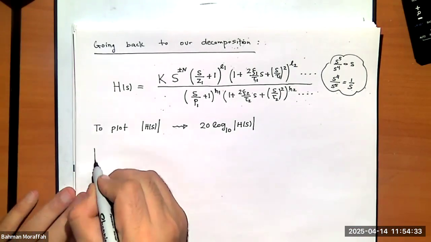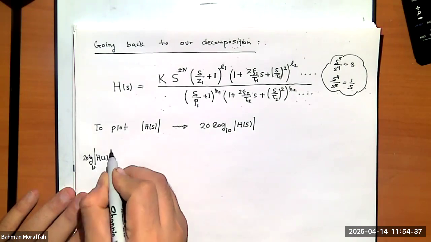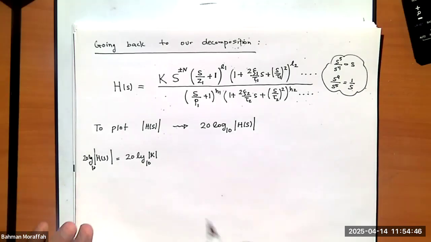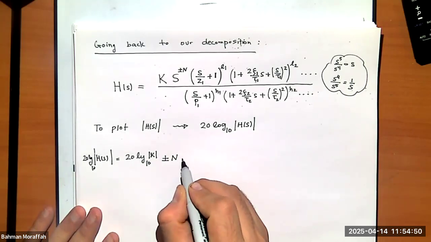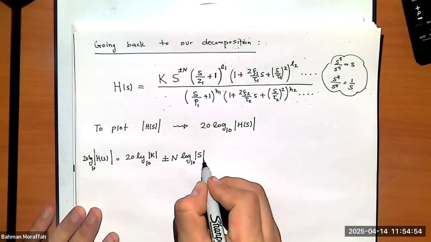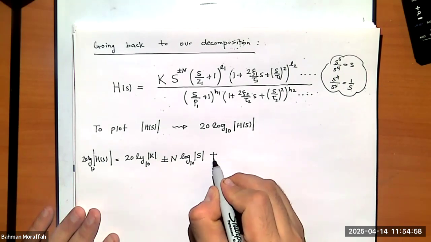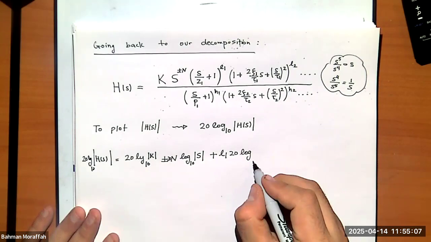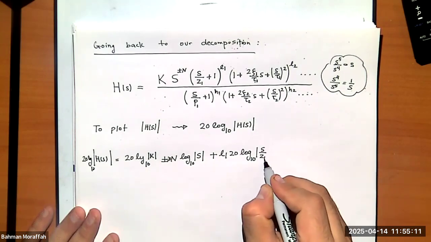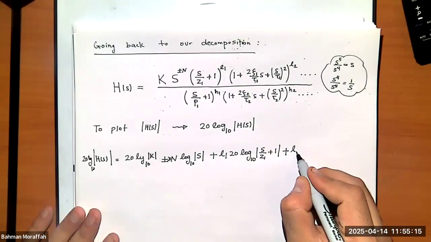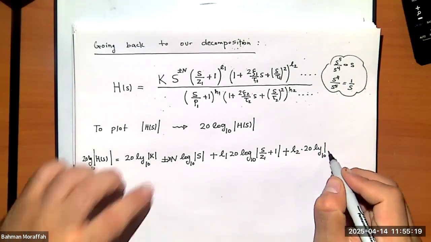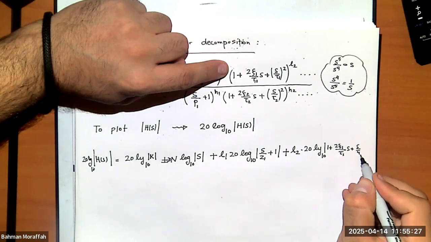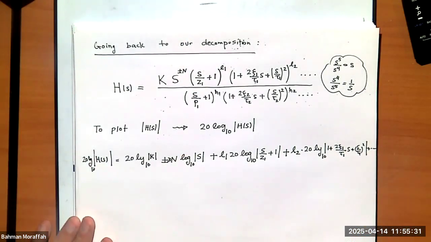So 20 times log 10 of the magnitude of H of s equals 20 times log 10 of the magnitude of K, plus or minus n times 20 log 10 of the absolute value of s, plus r1 times 20 times log 10 of the absolute value of s over z1 plus 1, plus l2 times 20 times log 10 of the absolute value of this term, 2 zeta 1 tau 1 s plus s over tau 1 squared, and other terms.